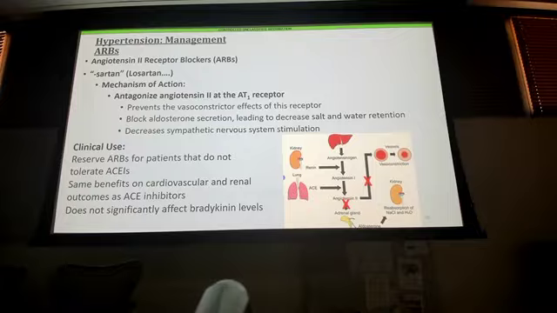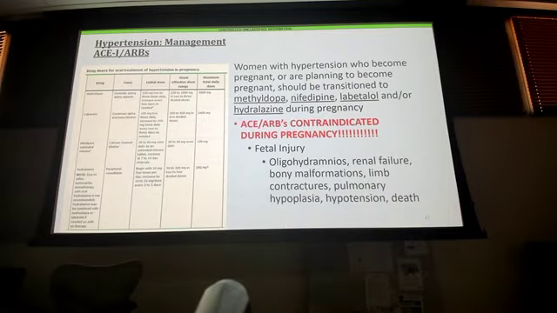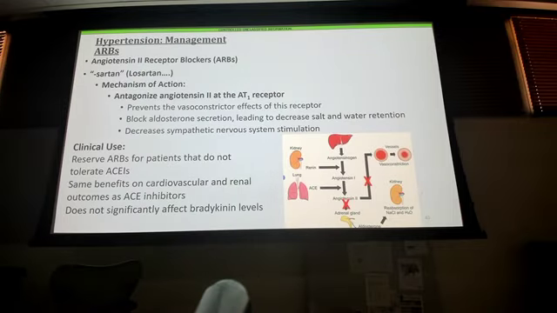So it works those two ways, but it doesn't do anything to the bradykinin conversion. So less effective in some ways than an ACE inhibitor is. But we'll talk about side effects, how you would want to use an ARB over an ACE inhibitor when we get to the side effects part of that.